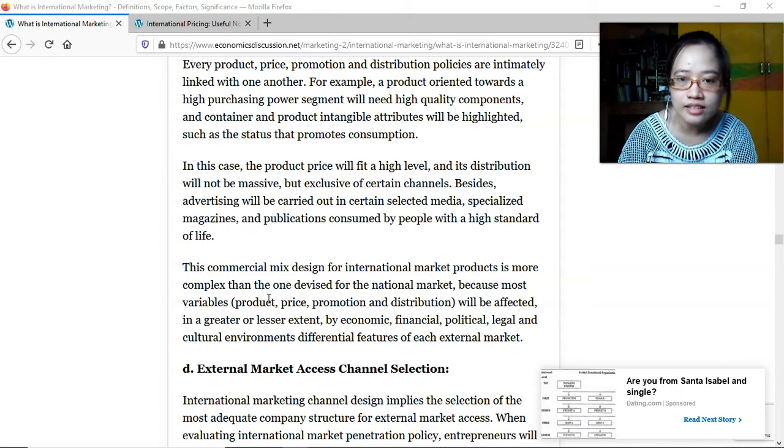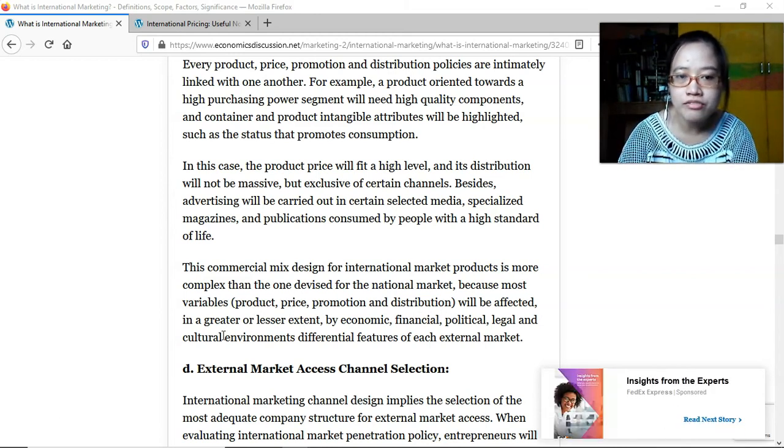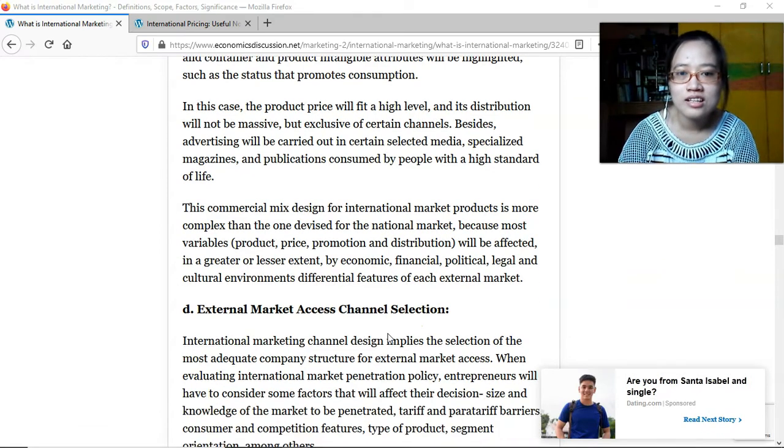Commercial mix design is more complex than one devised for a national market, because most variables, product, price, promotion, and distribution, will be affected to a greater or lesser extent by economic, financial, political, legal, and cultural environments, the different features of each external market.